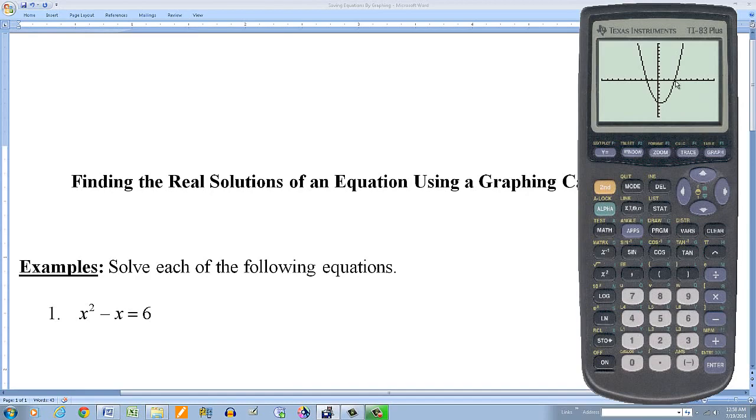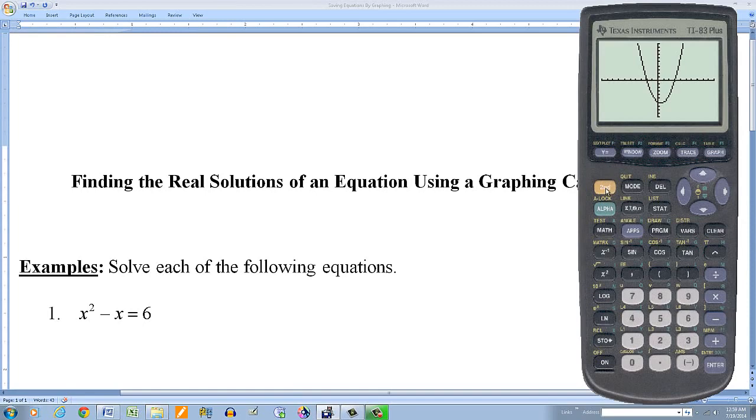So 3, 0 would be an x-intercept, and over here on the left side this is 1, 2 in the negative direction, so negative 2, 0 would represent another x-intercept. So negative 2, 0 and 3, 0. The numbers that make the expression 0 are 3 and negative 2. So the solution to this equation from this graph consists of the numbers 3 and negative 2.